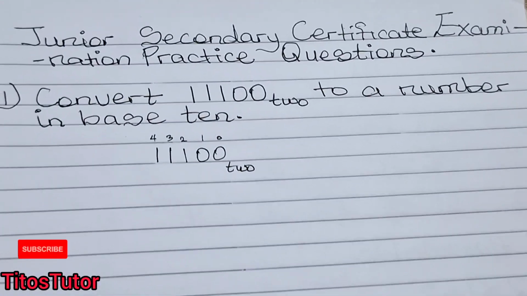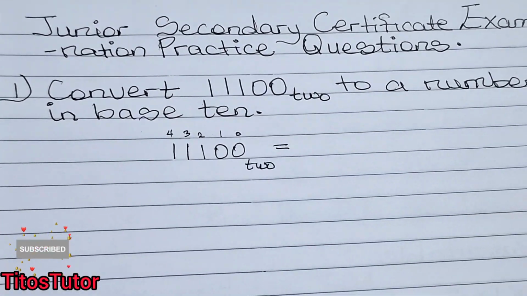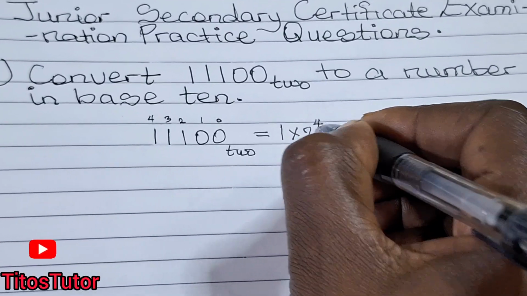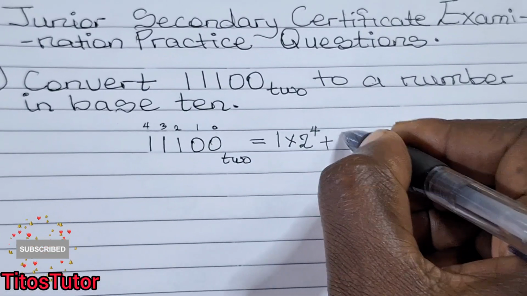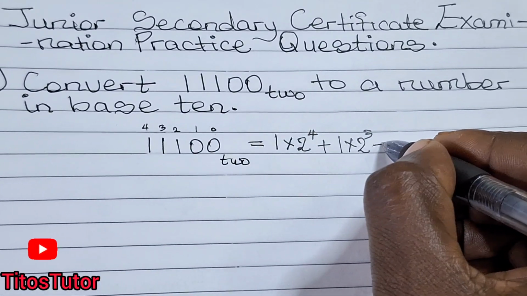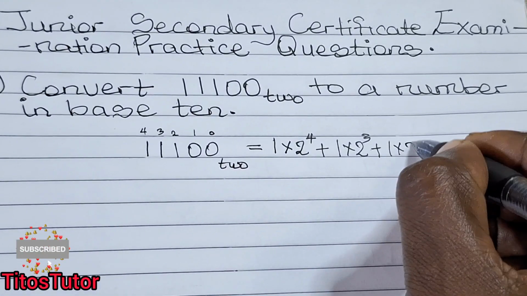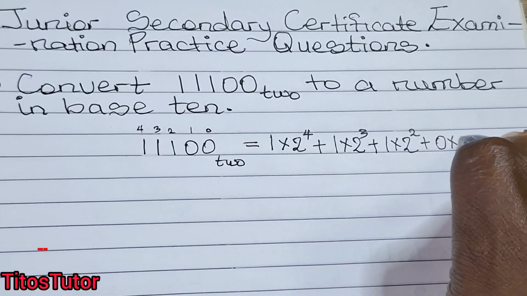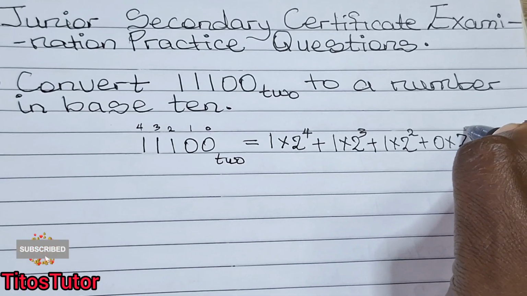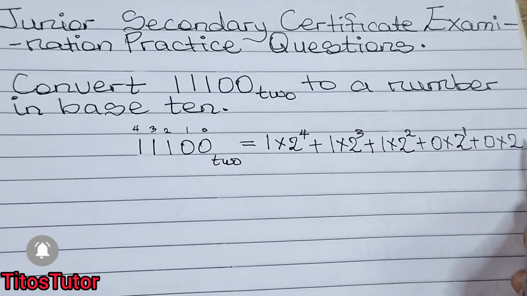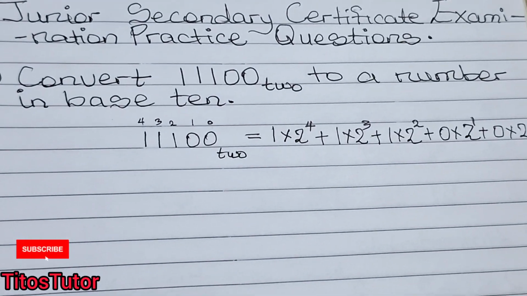Okay, so let's do that. This is the same as 1 times 2 raised to the power of 4 plus 1 times 2 raised to the power of 3 plus 1 times 2 raised to the power of 2 plus 0 times 2 raised to the power of 1 plus 0 times 2 raised to the power of 0. So we're going to solve this.